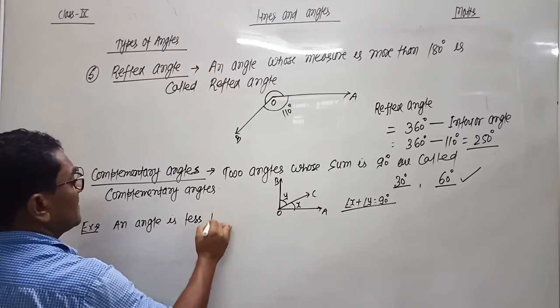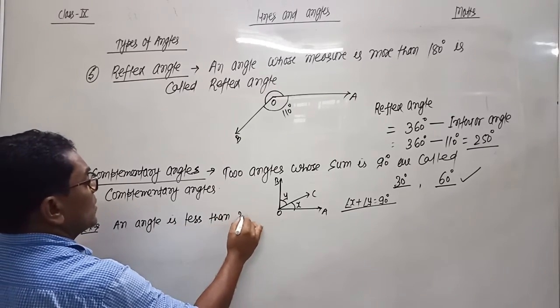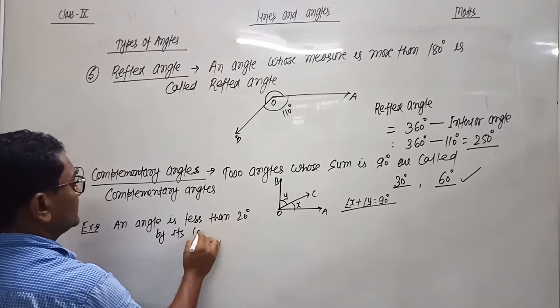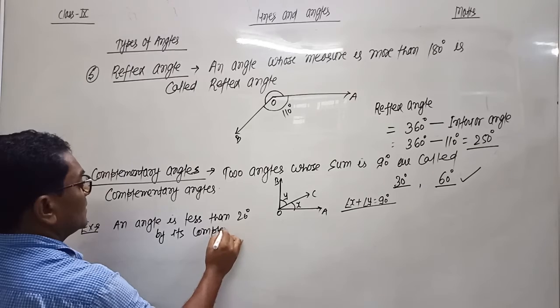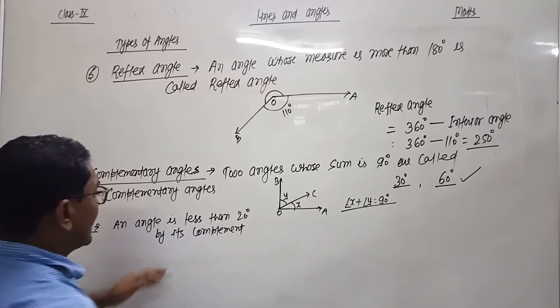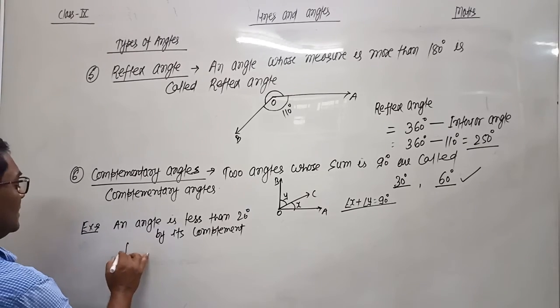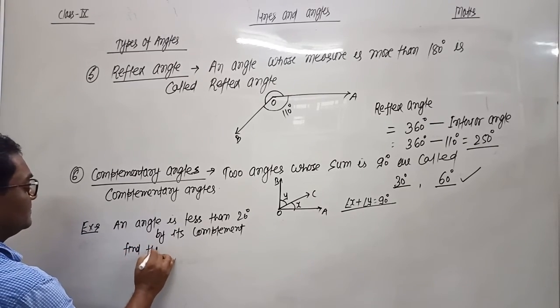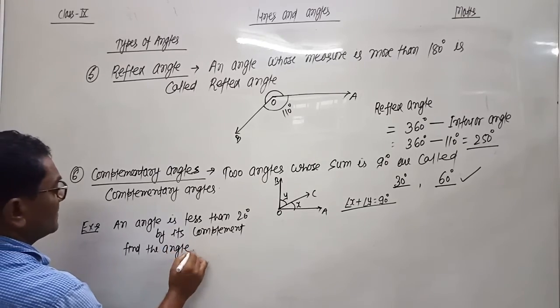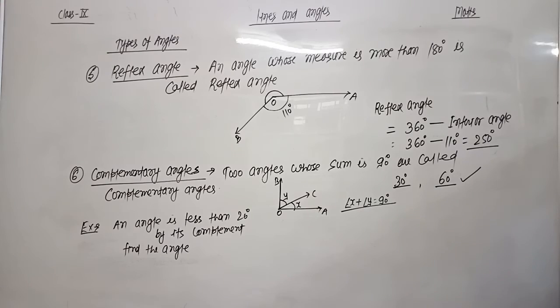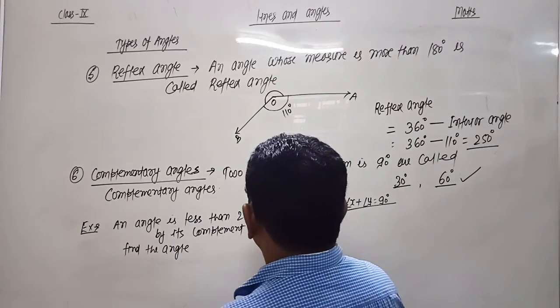Find the angle. This is the question: an angle is less than its complement by 20 degree, then find the angle. So let us see how to do it.